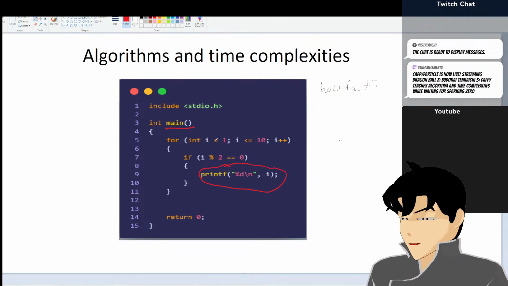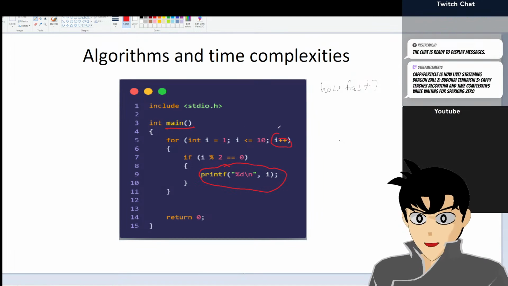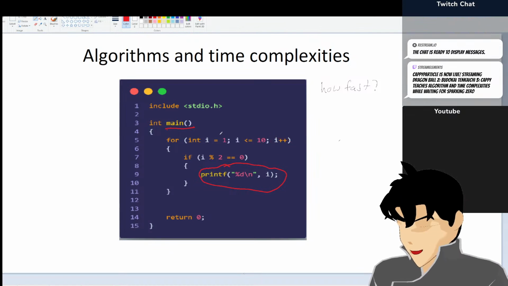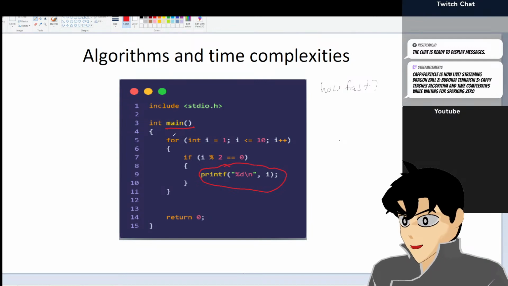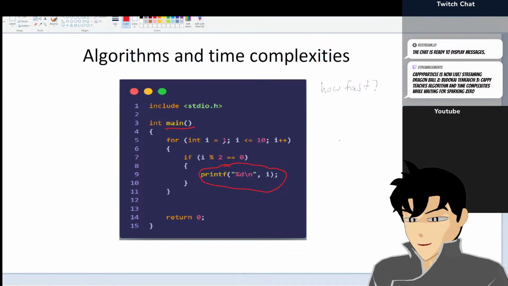From there, this is just to increment it, to move it forward or backwards. So to explain this, in main, int is an integer, which is basically a base number.